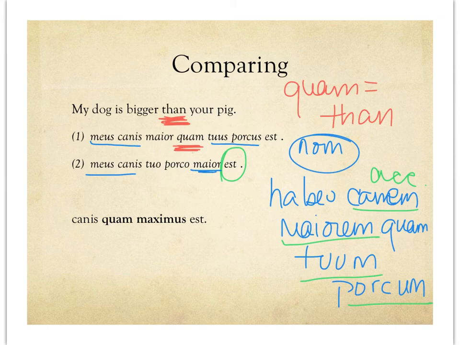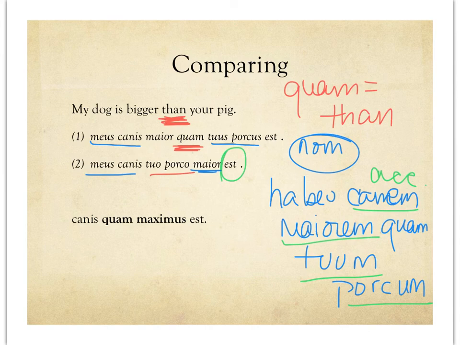But instead of quam tuus porcus, I just say tuo porco. My dog is bigger than your pig. And the than is just implied because we have the ablative there. And again, it's usually pretty clear because you have a comparative and you have an ablative. You know this is the ablative of comparison.